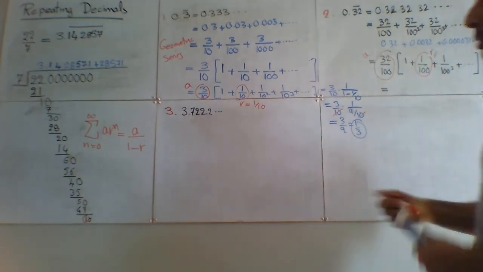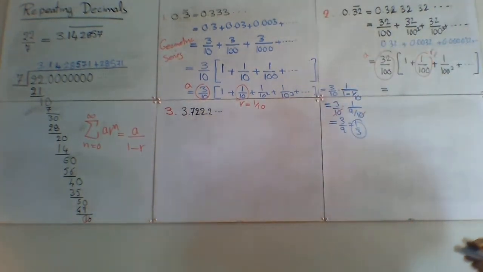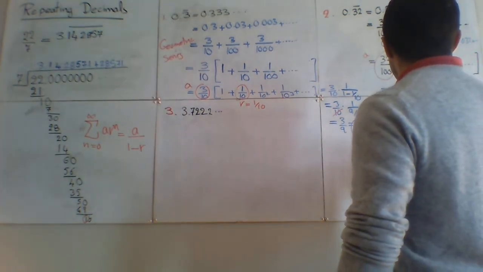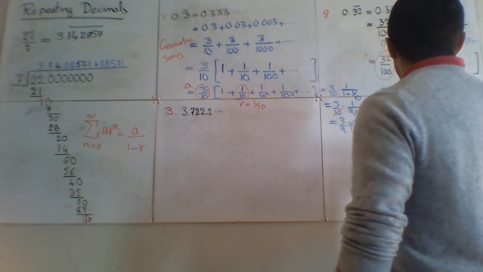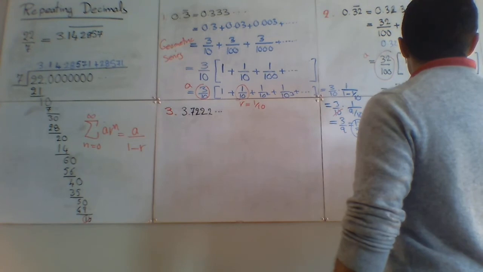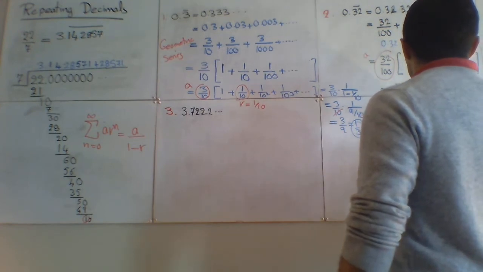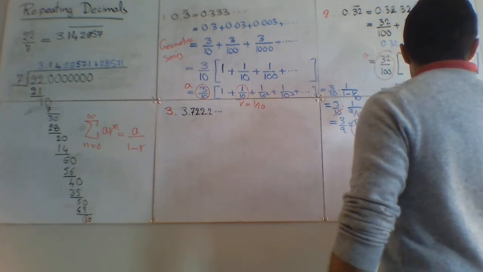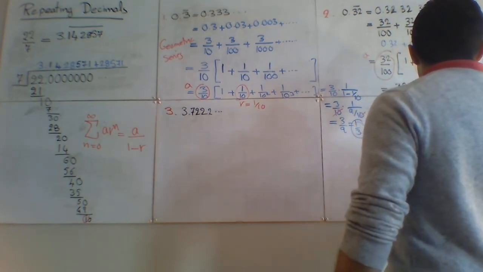So if I use the formula for the sum of a geometric series, r of course is less than 1 in absolute value, so this formula is valid. So I get 32 over 100 times 1 over 1 minus 1 over 100. So this is 32 over 100 times 1 over 99 over 100.